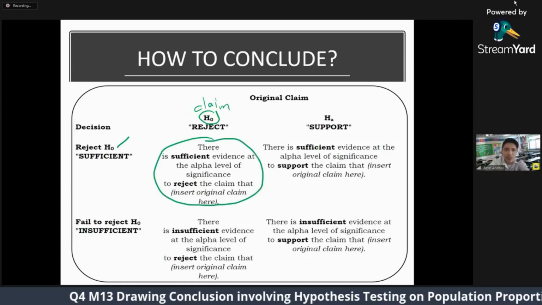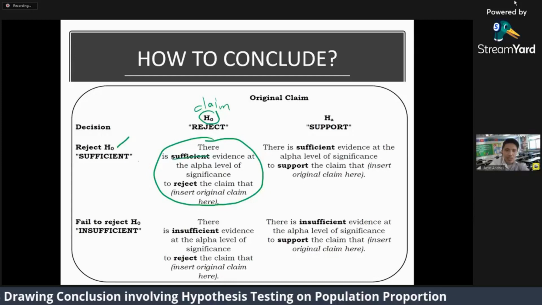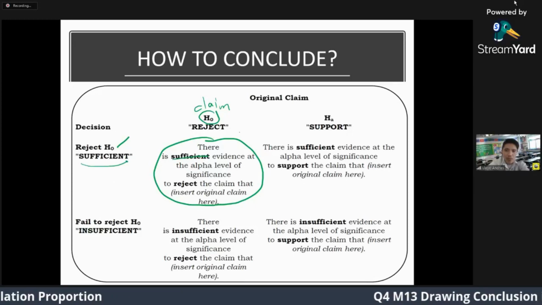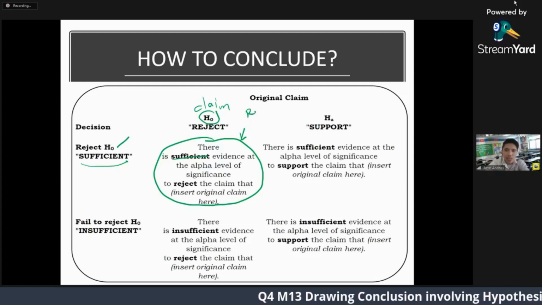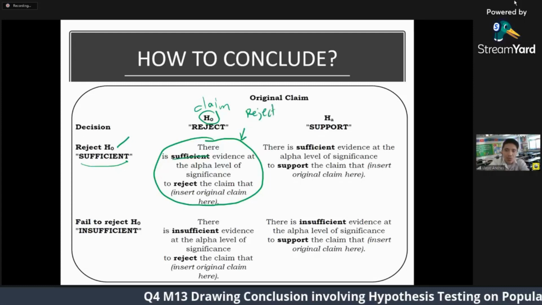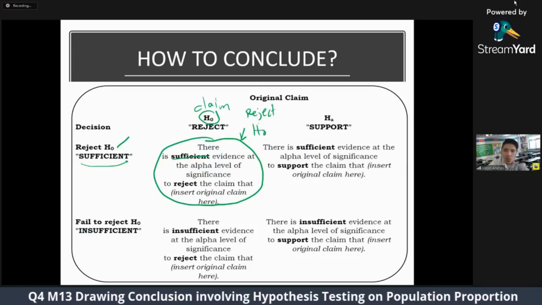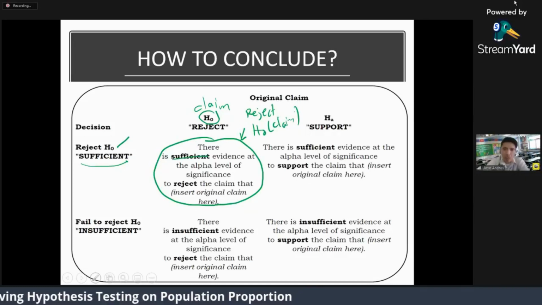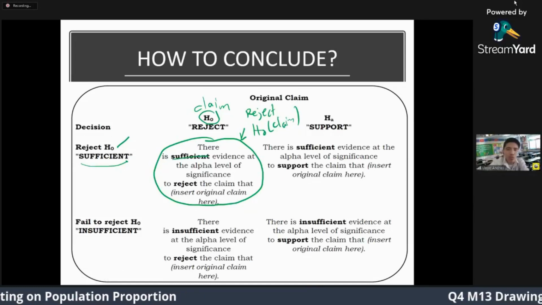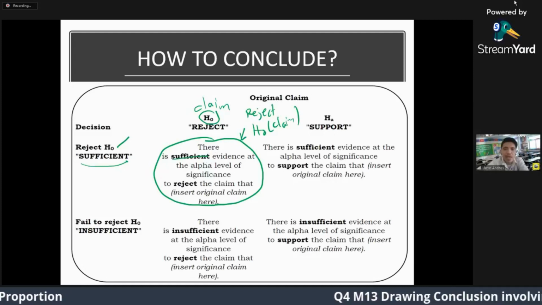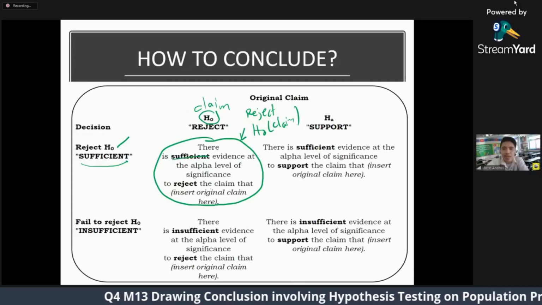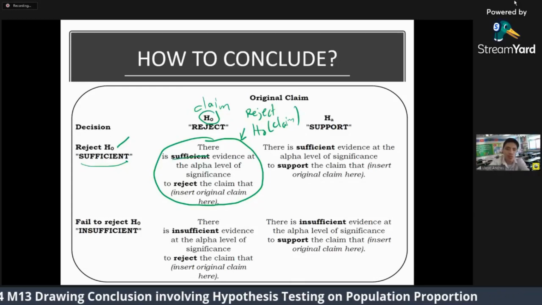There is sufficient because reject man ka og HO na claim. Claim ang HO, pero gi-reject nimo sa HO. So, ang imong conclusion, there is sufficient evidence at alpha level of significance, depende, to reject the claim that blah, blah, blah. So, kani ang form.